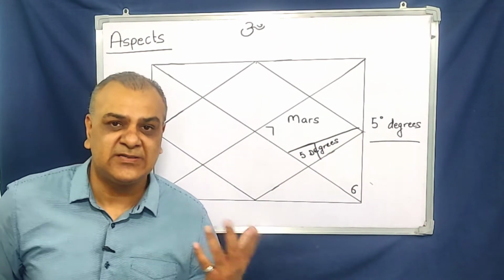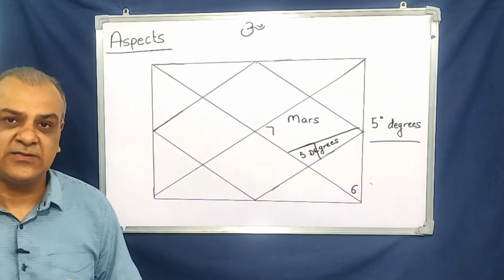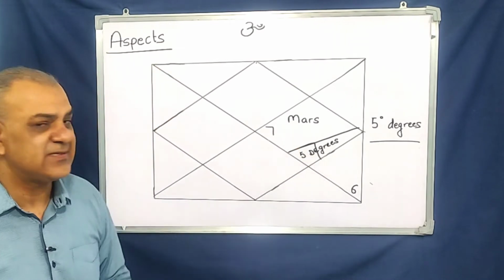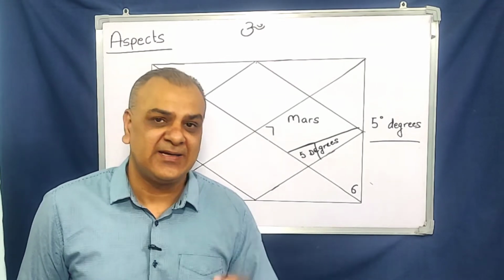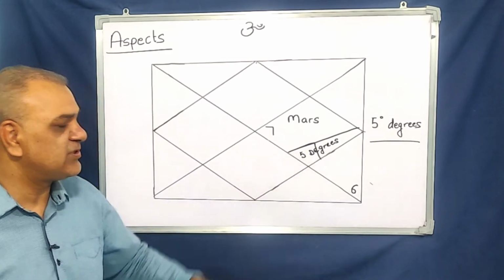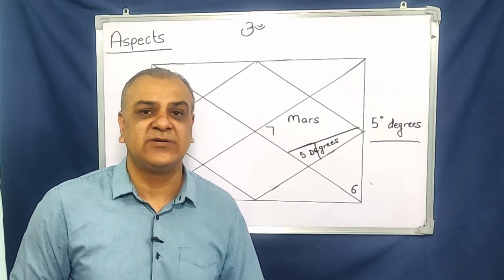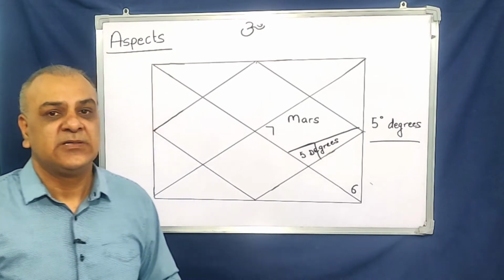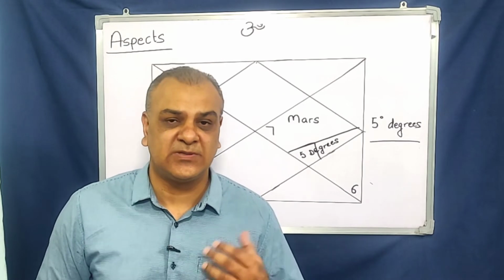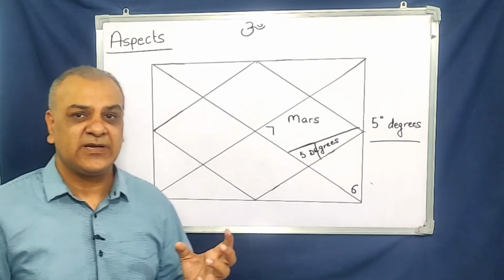Any planet, when it changes its sign, like Mars when it was in Virgo, entered Libra, and from there it moved to 5 degrees, and on 5 degrees it stopped, and at the time of birth Mars was at 5 degrees. So this is the area which Mars basically covered during his journey from 0 degrees to 5 degrees in Libra. This area will be affected more when Mars aspects the 7th house. This I'll explain to you, how this area will get more affected.